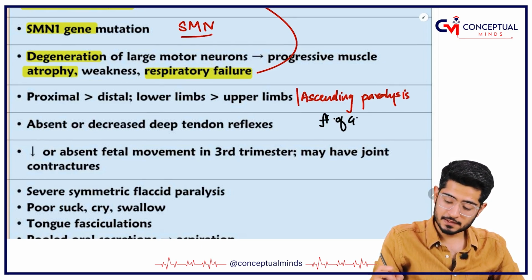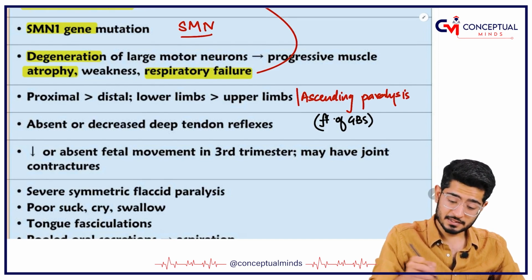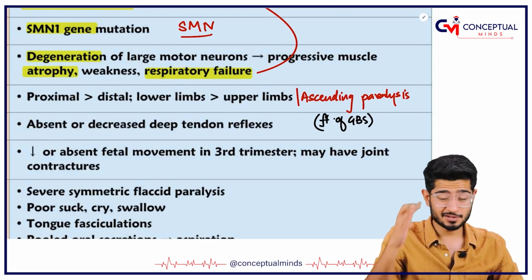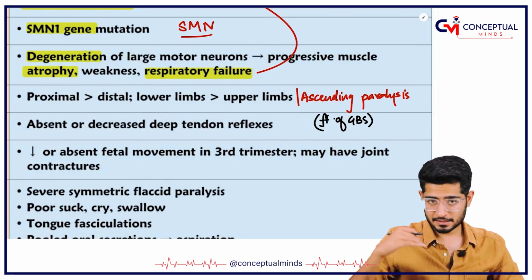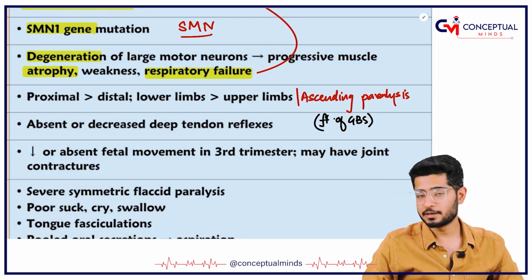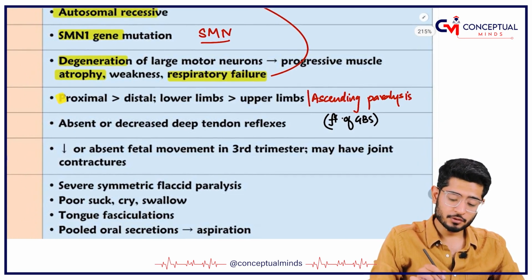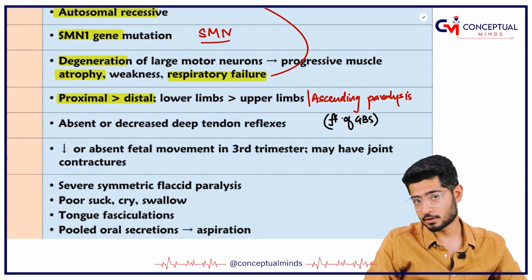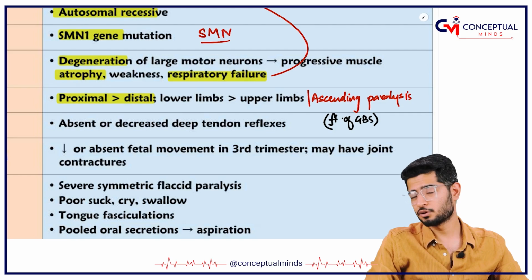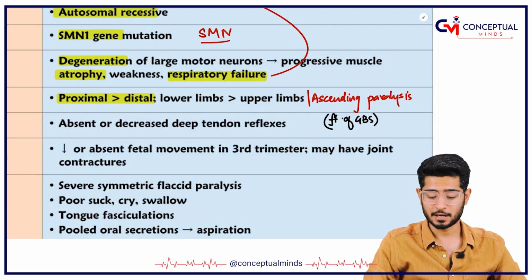So you have to be very vigilant. Whenever they say that it's starting from the lower limb coming to the upper limb, it doesn't mean that it's GBS only, it can be SMA as well. But you have to remember that it starts in the proximal group of muscles and then goes to the distal part.